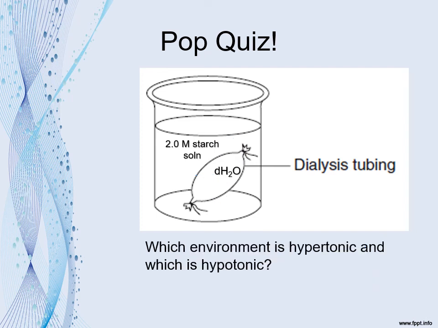All right, which environment is hypertonic and which is hypotonic? Remember that hyper is high. 2 is higher than, well, if it's just water, it's 0. So our 2 molar starch solution is hypertonic and this is hypotonic. High on the outside, hypo rhymes with low, less starch on the inside.